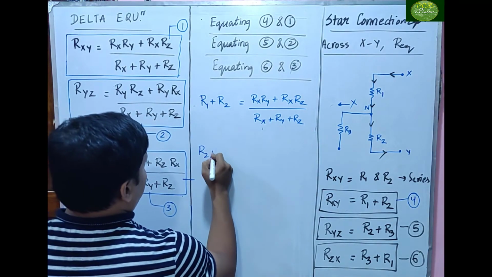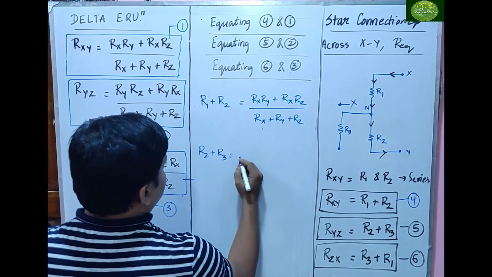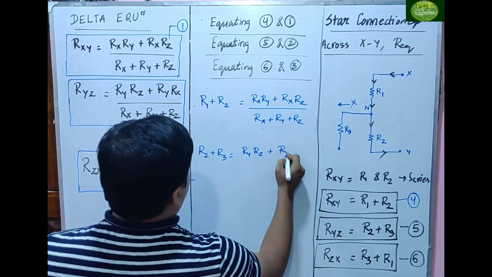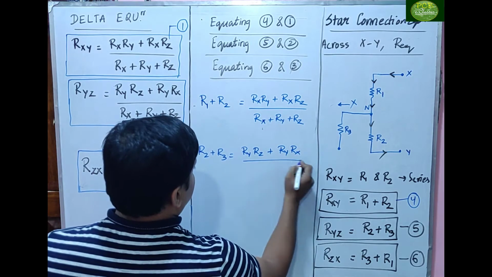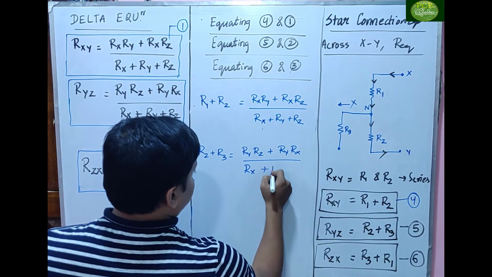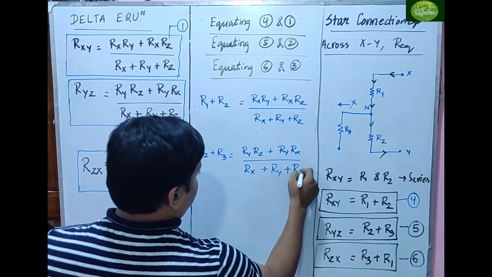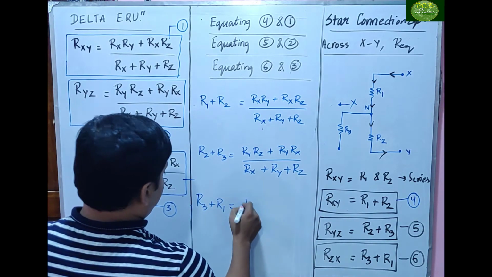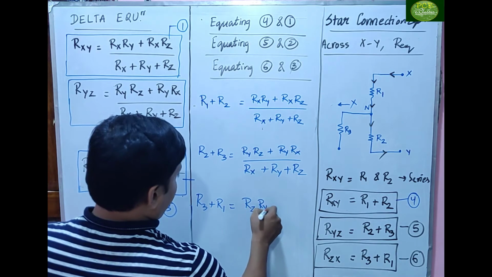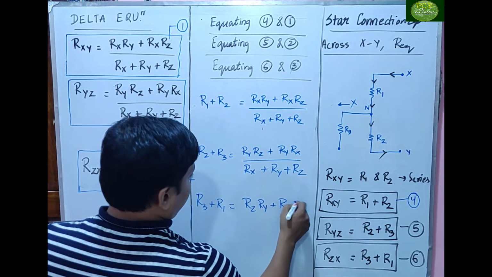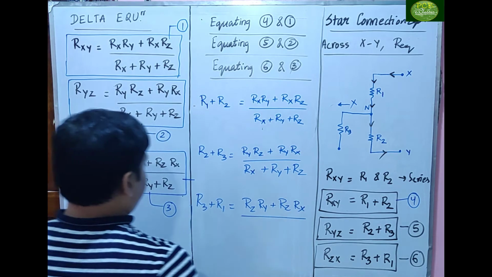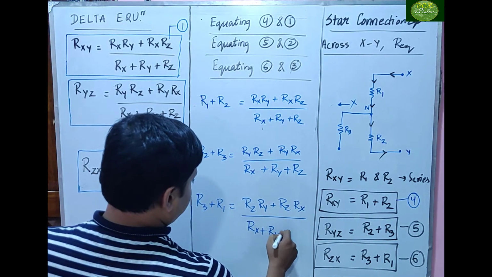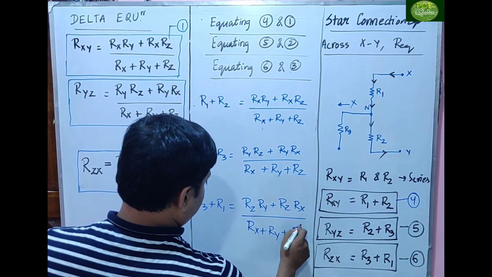Similarly, R2 plus R3 will be equal to Ry Rz plus Ry Rx divided by Rx plus Ry plus Rz. Similarly, R3 plus R1 will be equal to Rz Ry plus Rz Rx divided by Rx plus Ry plus Rz.